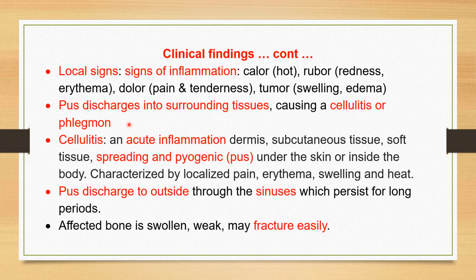In some of the cases, pus discharges into surrounding tissue, causing a cellulitis or phlegmon of the surrounding tissue. The cellulitis or phlegmon is an acute inflammation of dermis, subcutaneous tissue, soft tissue.